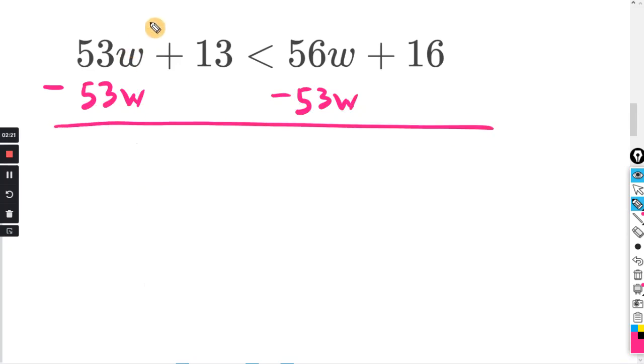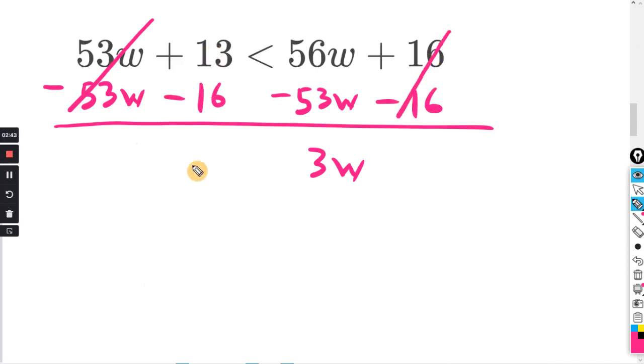It cancels here. 56 minus 53 is 3, and we still have the W. Since the variable is here, I want the constant term on the other side. Opposite of plus 16 is minus 16, so I do that to both sides. It cancels here. 13 minus 16 is -3.